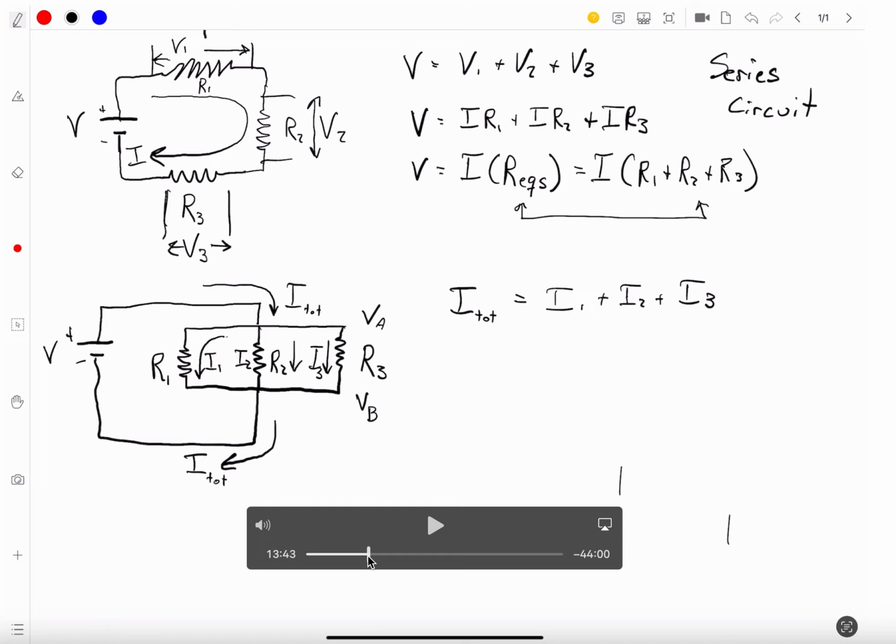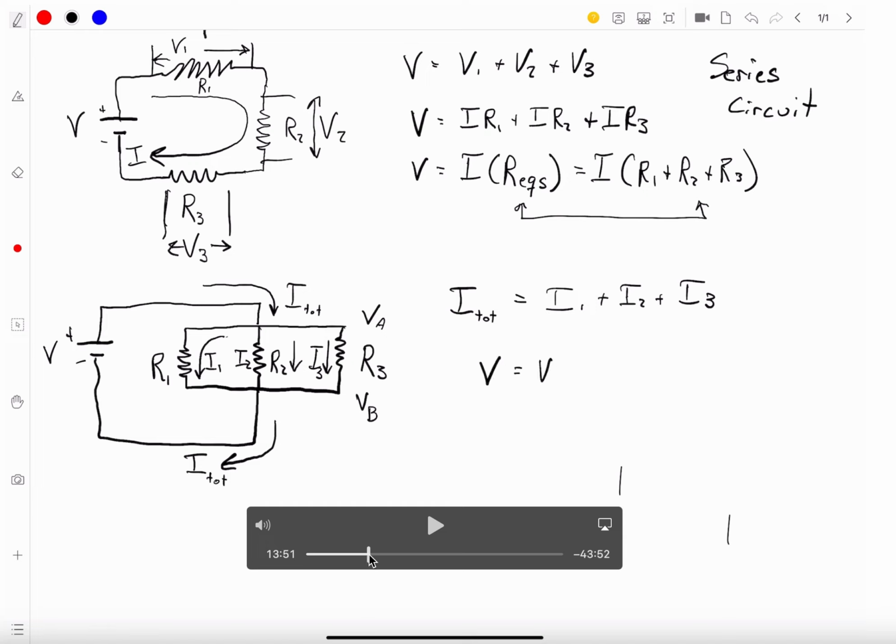The I total going in and out has to be equal to I1 plus I2 plus I3, right? Because we are not making up additional current, so that can't happen.